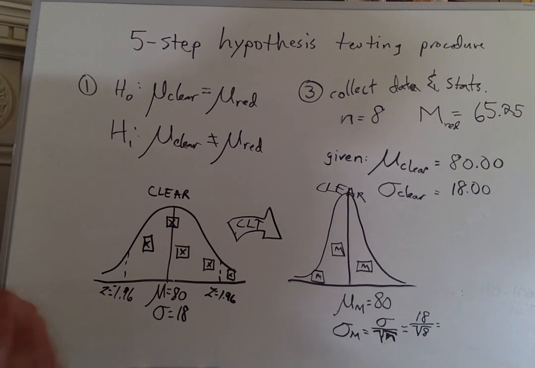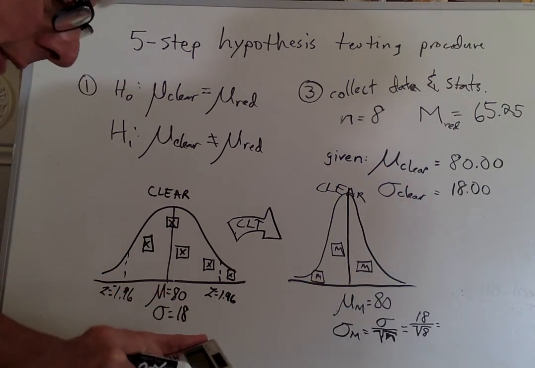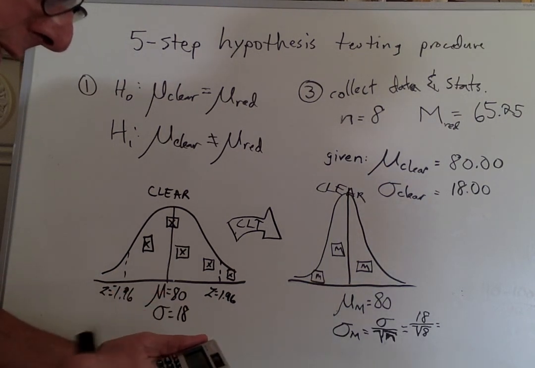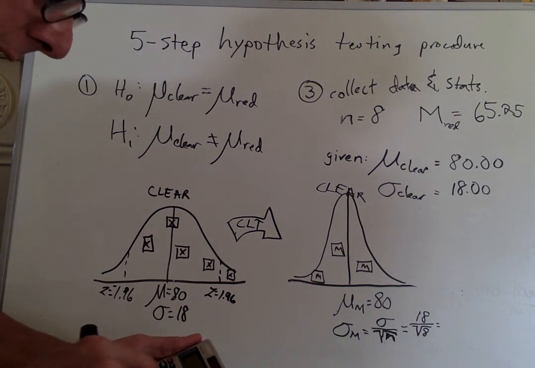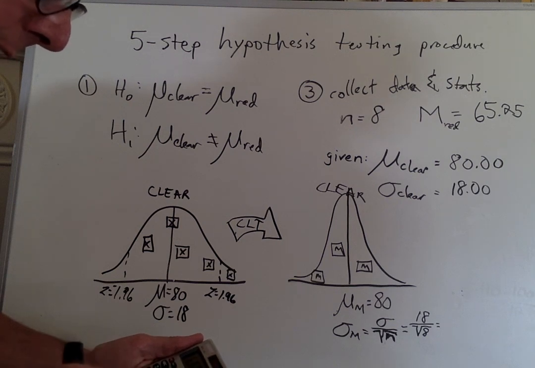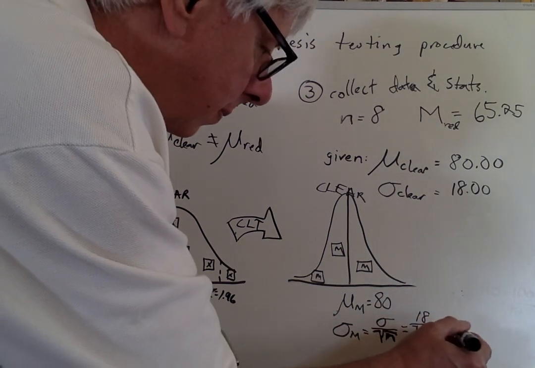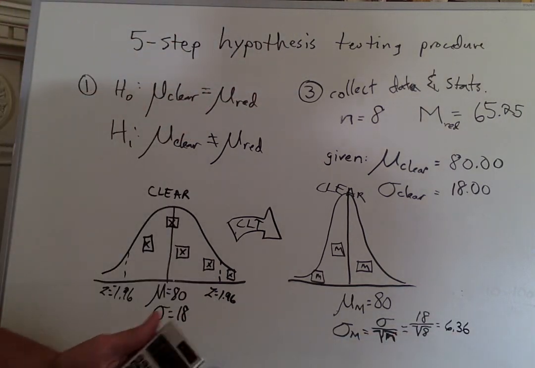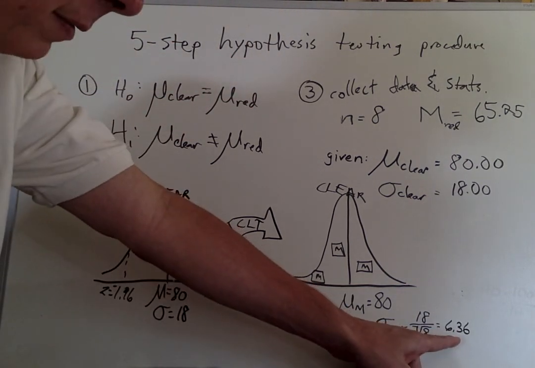Okay, so square root of 8, let's do this, 2.83. So 18 divided by 2.83, 6.36. Now, that's the number, right?